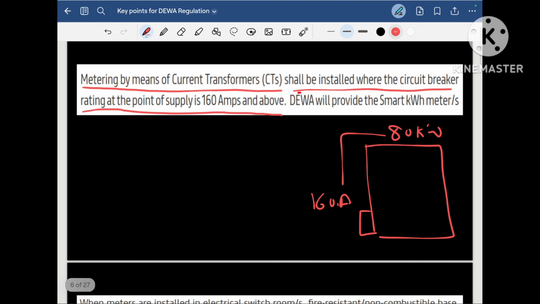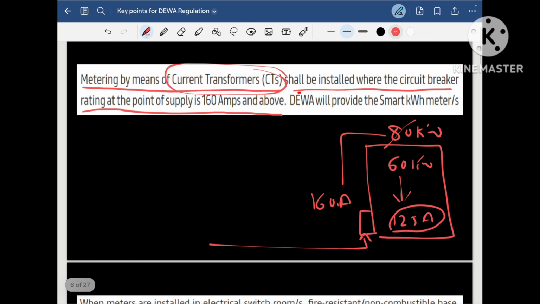Suppose now the load of this villa is not 80 kilowatt but 60 kilowatt. In that case we need a 125 ampere circuit breaker. As my breaker rating is 125, DEWA will connect the cable directly to my meter cabinet, and that meter does not require any current transformer.